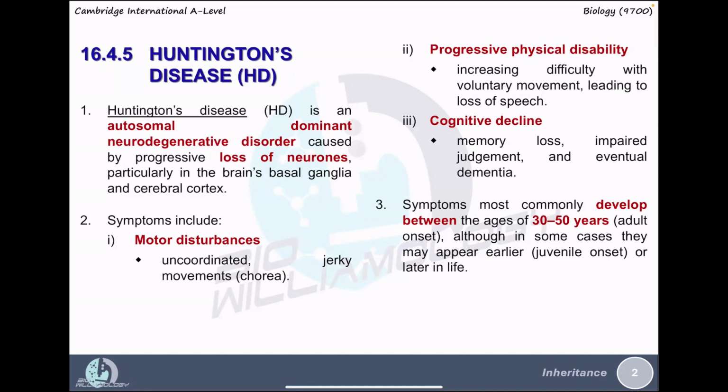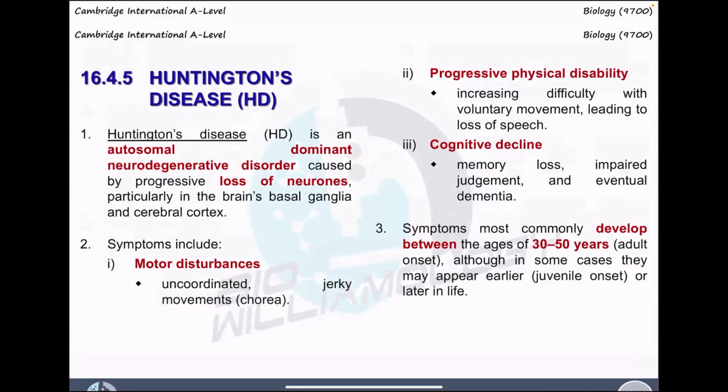And Huntington disease is an autosomal dominant disorder. Therefore, the child may inherit a copy of this mutated allele, the dominant allele, and the child will develop the disease.